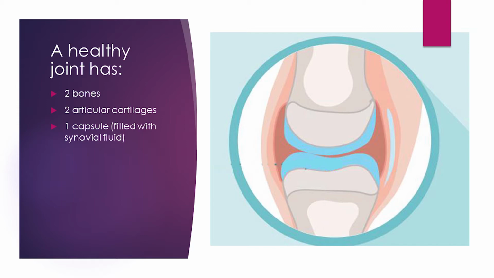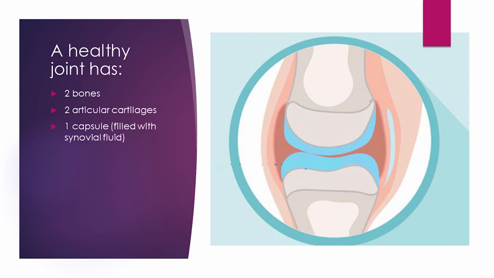I'm sure many of you have heard of synovial joints, and these are the largest number of joints in our bodies. And those are initially what RA affects. These joints connect two bones with a fibrous joint capsule. Some examples of these joints are knees, elbows, and wrists.